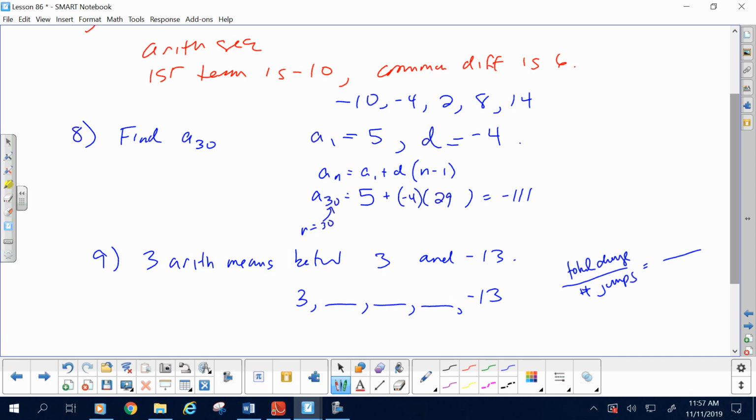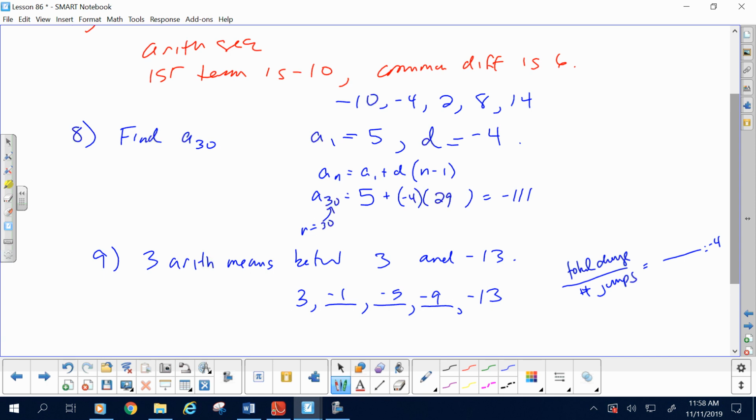What's the common difference? Negative 4. It goes down 16 in 4 jumps. So each jump is negative 4. Yeah? Okay, so if you start at 3 and go down 4, where does that put you? And then go down 4 from that. And then go down 4 from that. And then check with the last. Does that check, ending at negative 13? Yes.